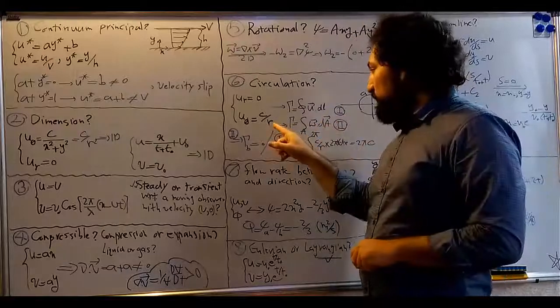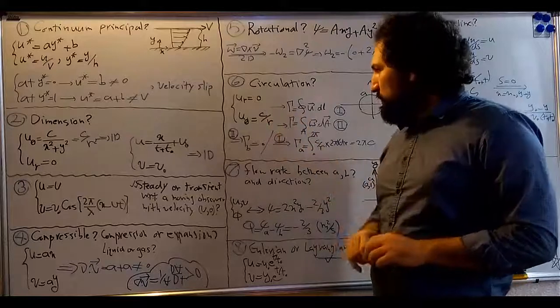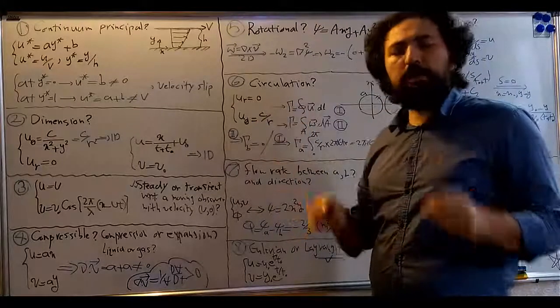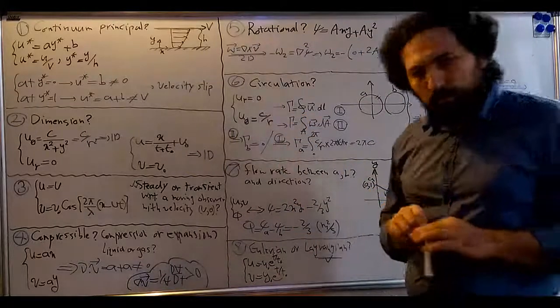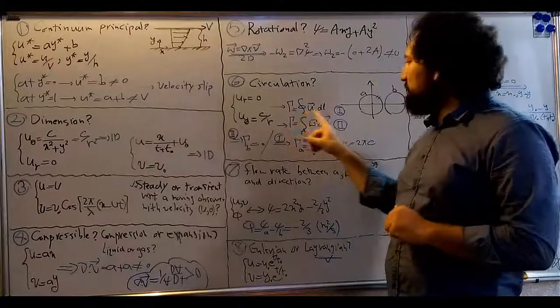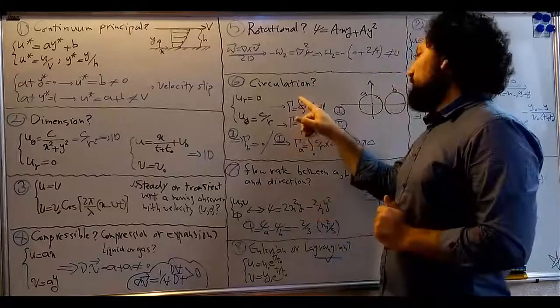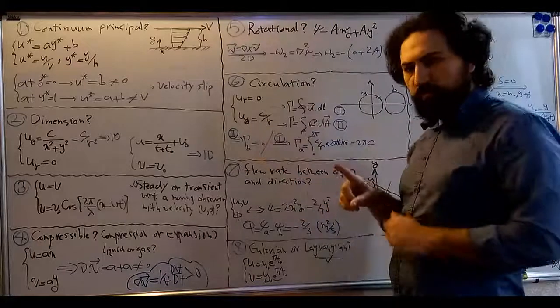But pay attention to the singular point of the flow field, which is the origin. So the vorticity is 0 all over the domain except the origin. You can compute the circulation directly using the original formula. This is circulation, which is a contour integral along a closed curve.